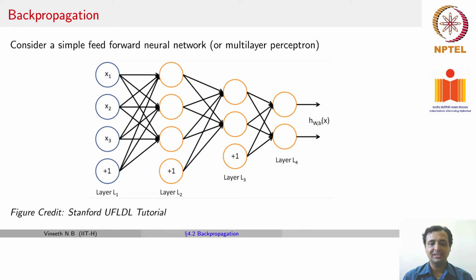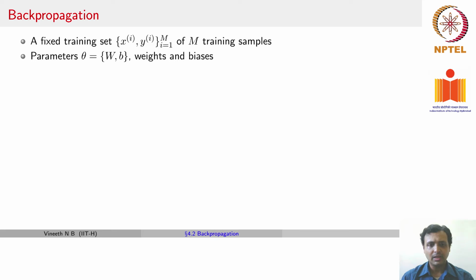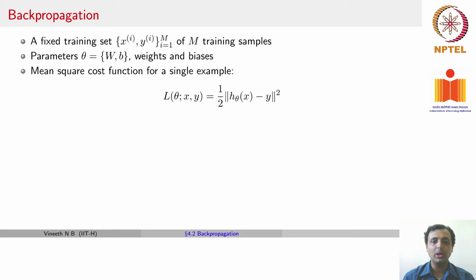Let's consider once again the simple feed-forward neural network, or what is the other name, multi-layer perceptron. Let's consider once again a set of M training examples given by xi, yi. Let theta constitute all the weights and biases in the neural network.